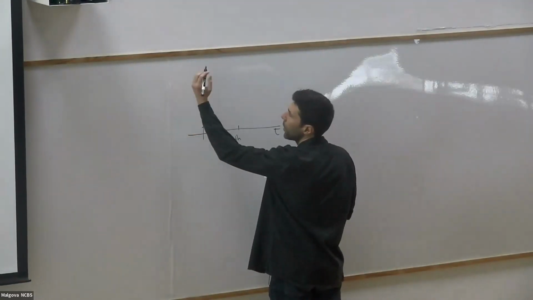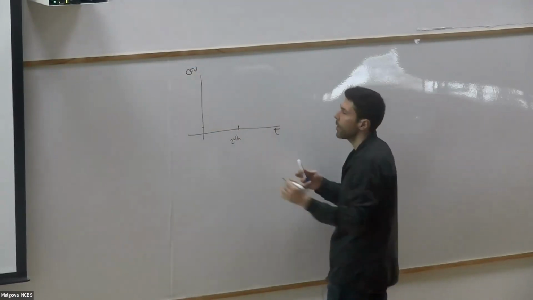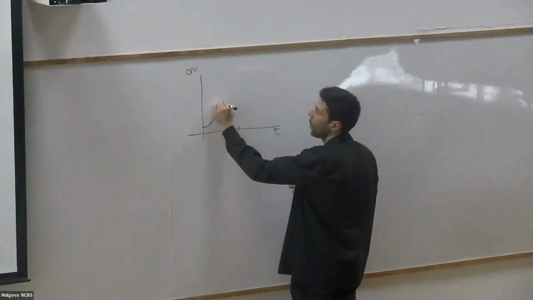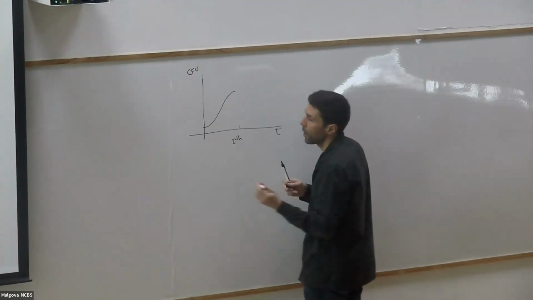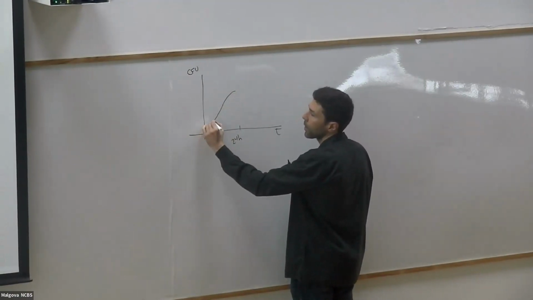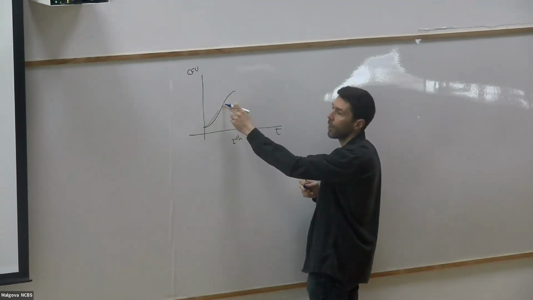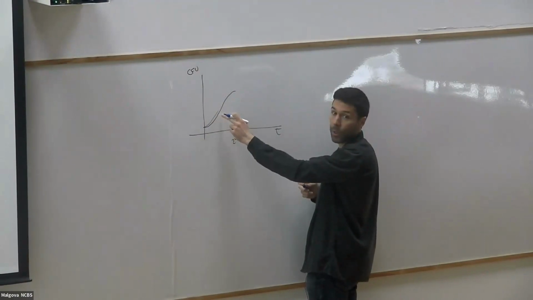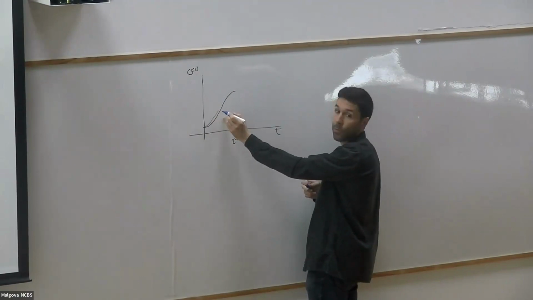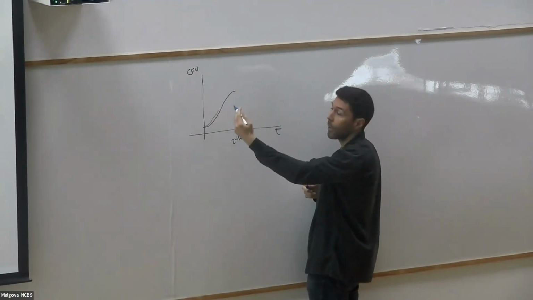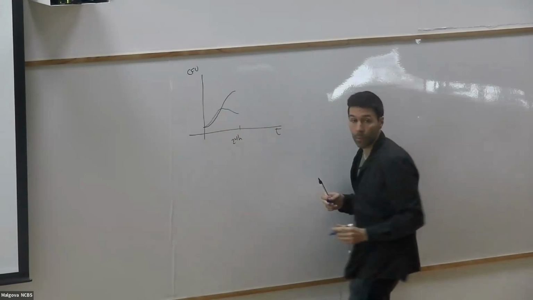We start here. This is colony forming units, or the density of cells in the system. For one species we'll do something like this, and for the other species, maybe something like this. Then the population of this one is getting high, and let's say that this one is inhibiting the growth of the other one. As the abundance of this one is high, the effective interaction starts to be high, and maybe this one starts to be doing this, for example.